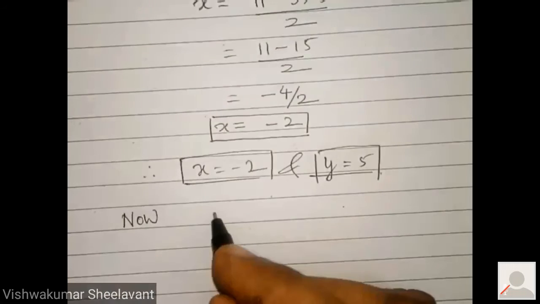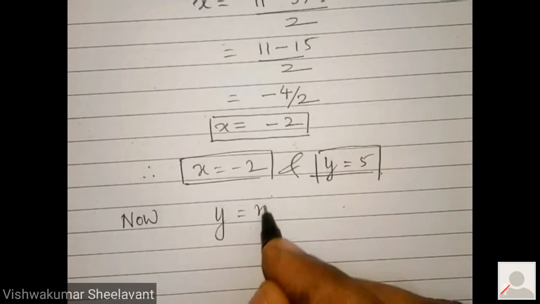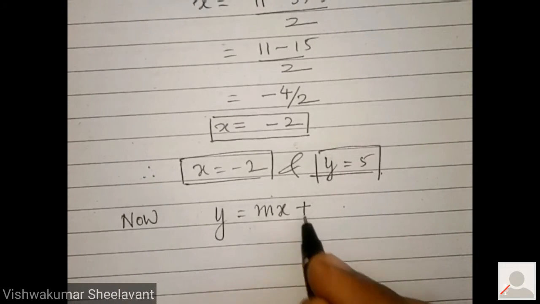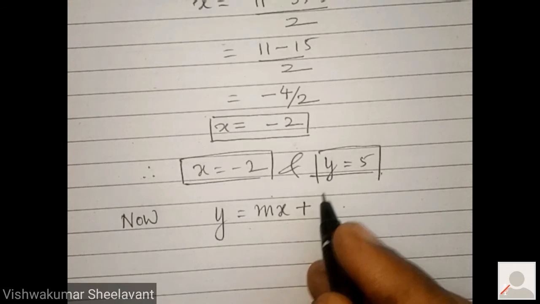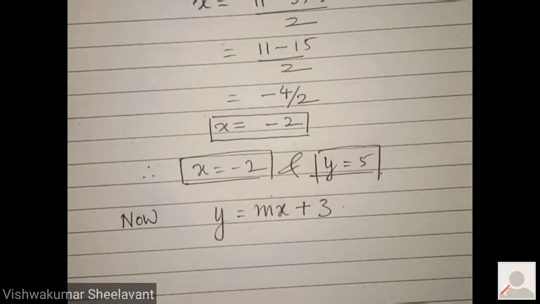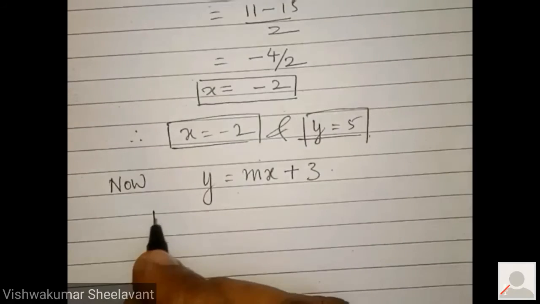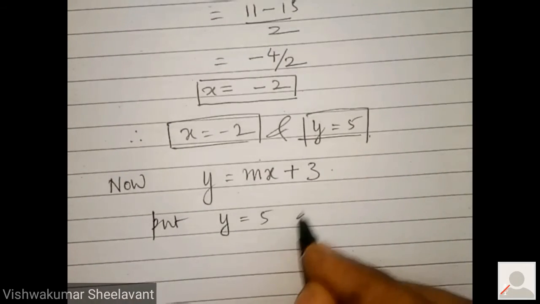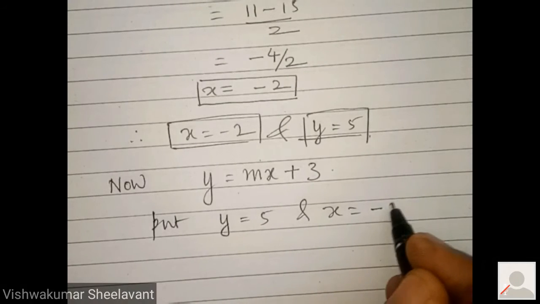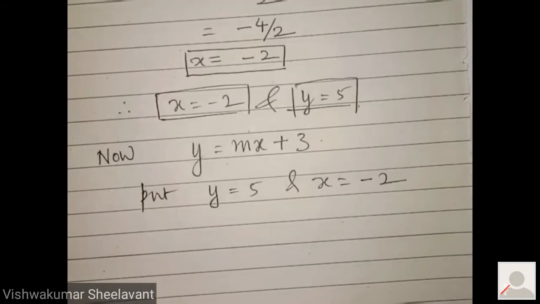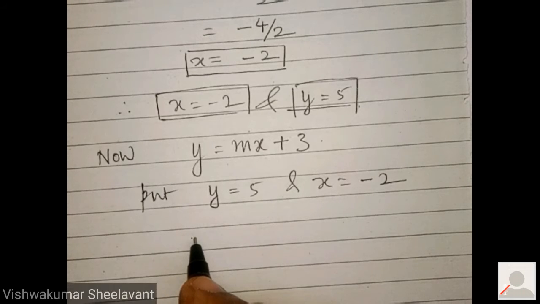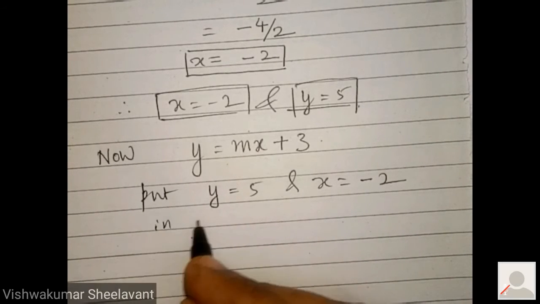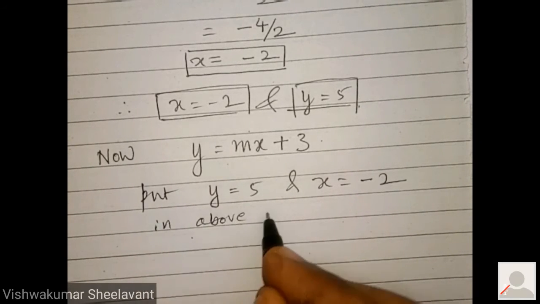Now y equal to mx plus 3. Put y equal to 5 and x equal to minus 2 in above equation.